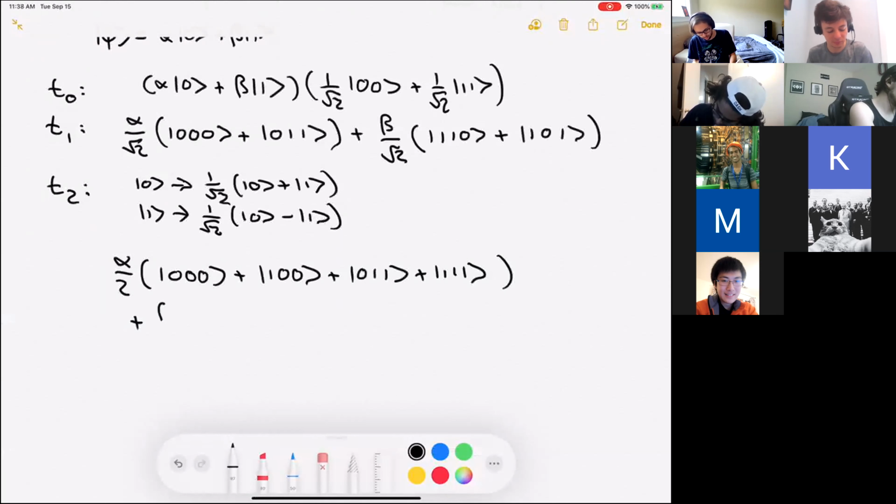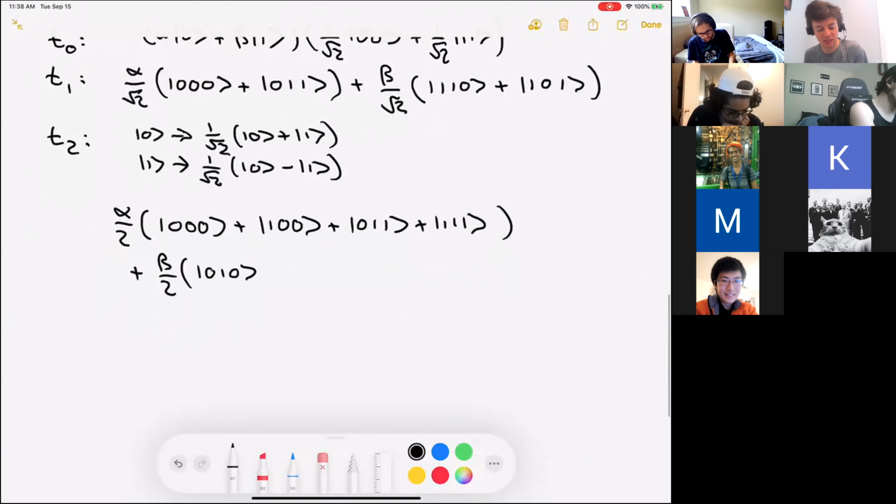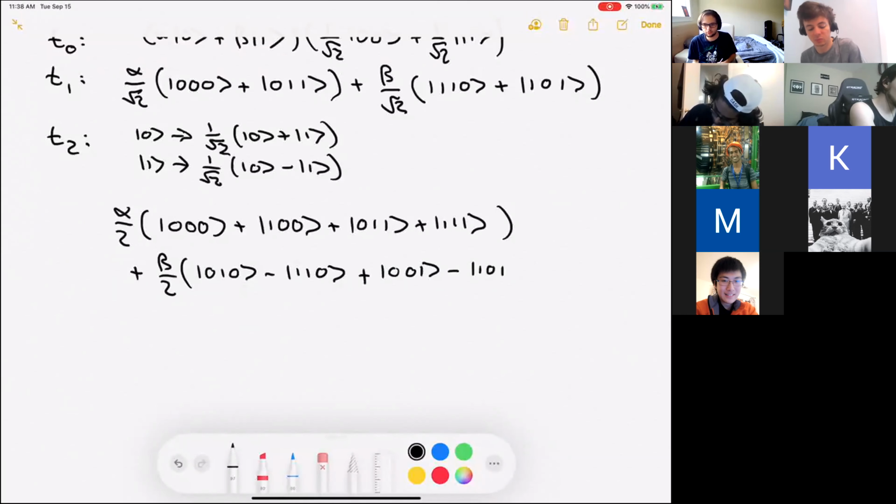And we have beta over 2, 0, 1, 0 minus 1, 1, 0, because we started with the first qubit in state 1, so it went to the minus state, and then again, plus 0, 0, 1 minus 1, 0, 1.